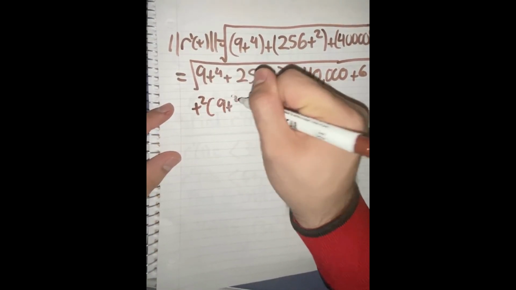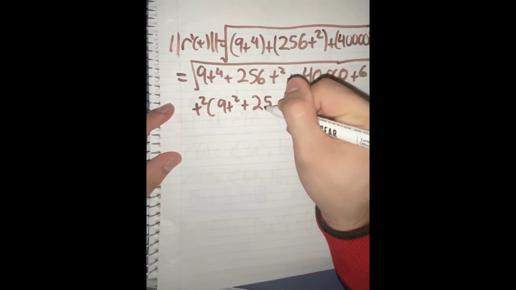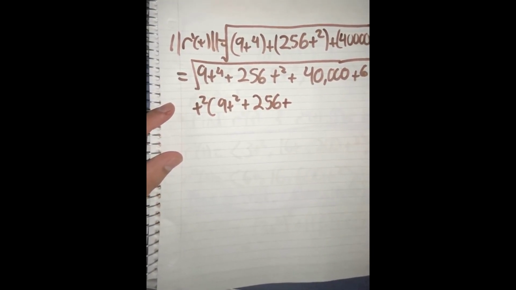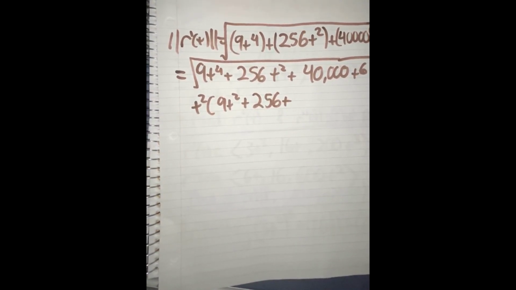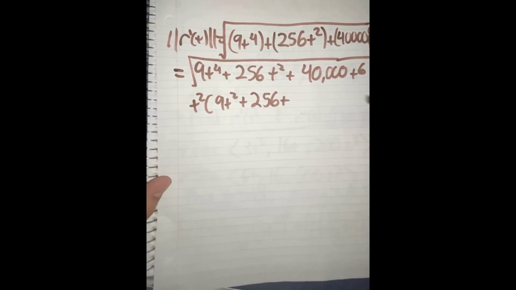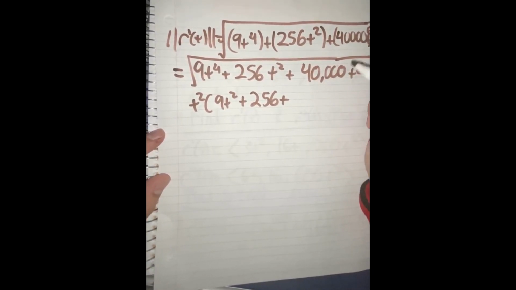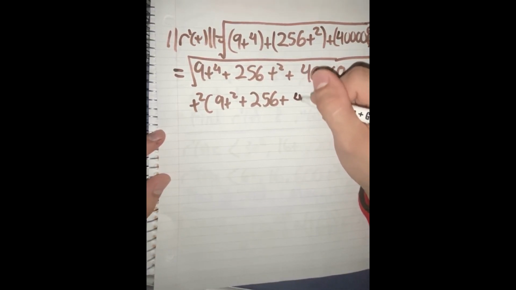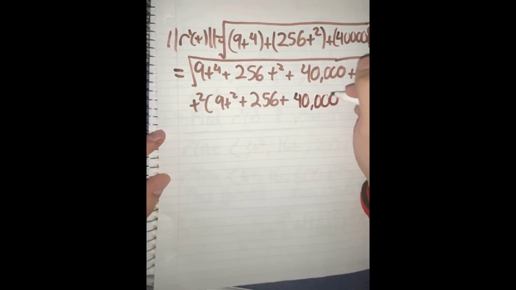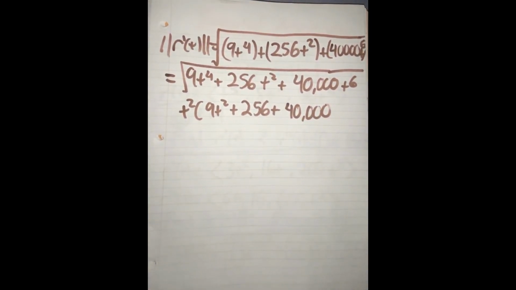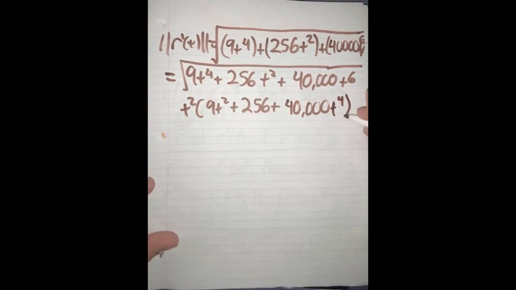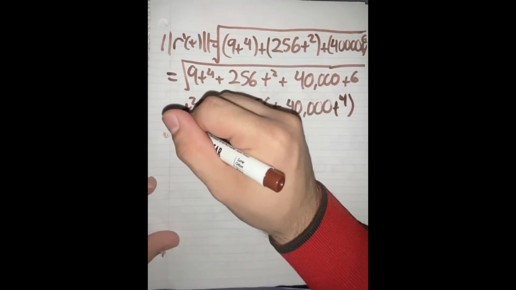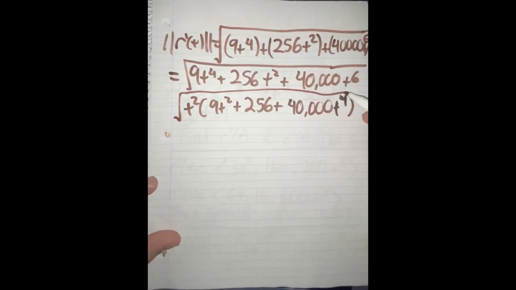So t squared is equal to 9t squared plus 256 plus, factoring out t squared out of t to the 6, we would get t to the 4th power. And all this is within a square root.